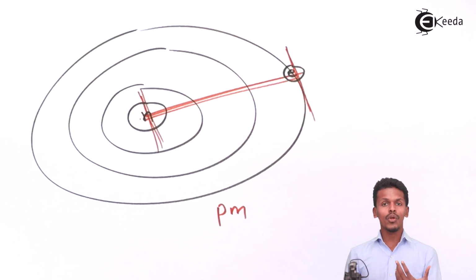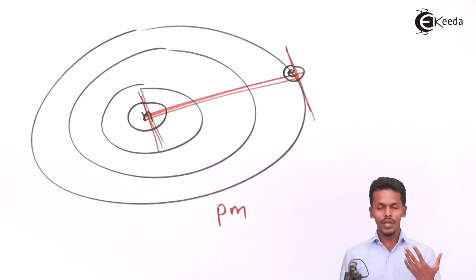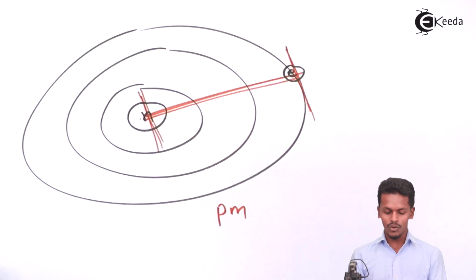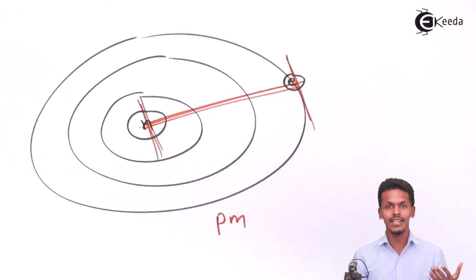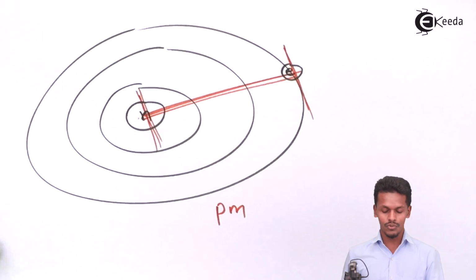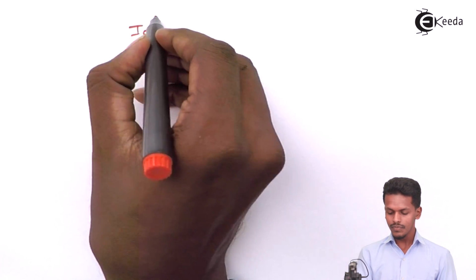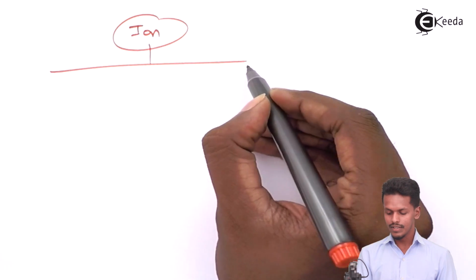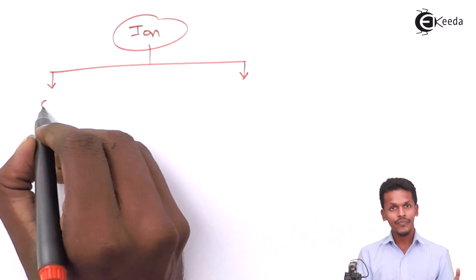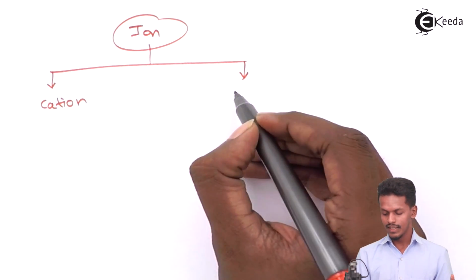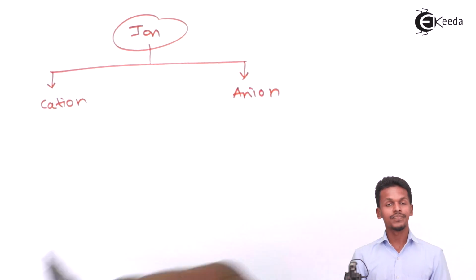Now we are going to talk about the factors that will affect the atomic size of the atom. But before that, let me talk about what ionic size is, because when we talk about atomic size, we are also talking about ionic size. So what is an ion actually? Ions are basically divided into two types, cation and anion, as you know.